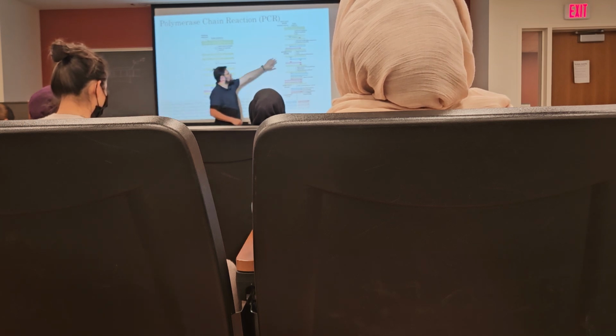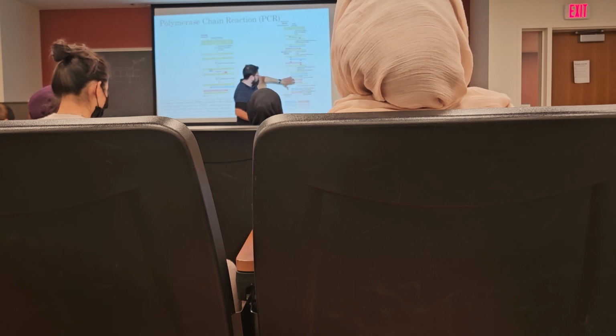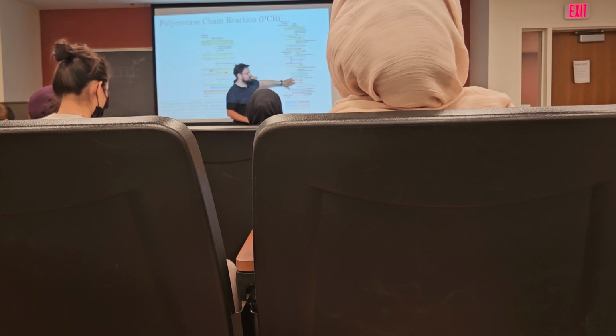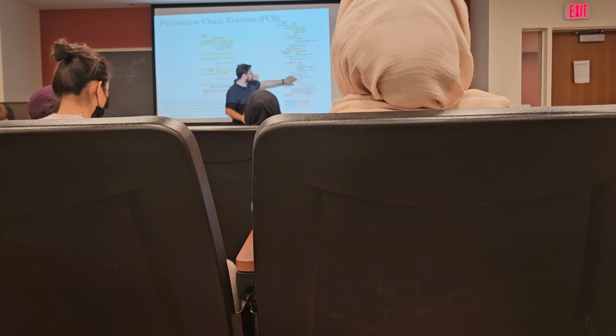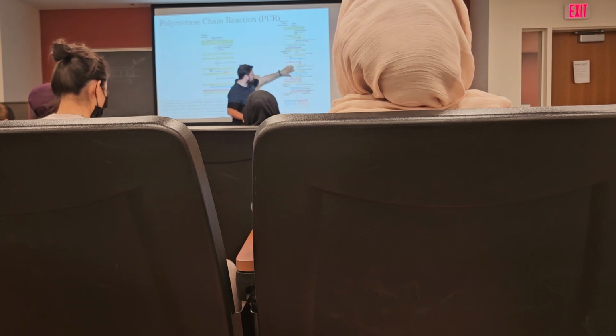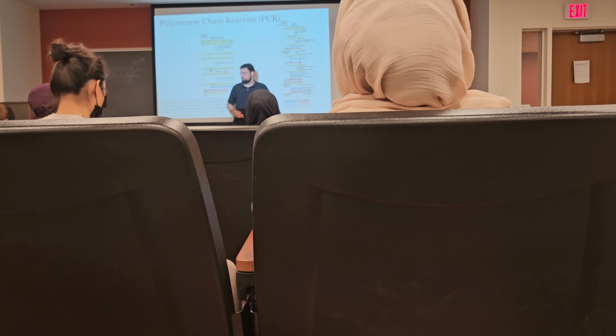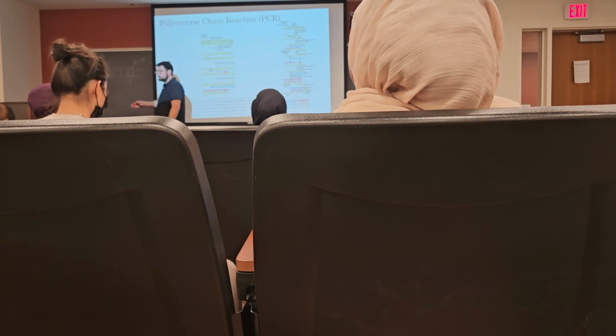Here we have, again, those 2 double strands, and we end with 1, 2, 3, 4 double strands. And here, each of these strands, once we denature them, is going to serve as a template. So we'll have 8 double strands, that consists of 16 single strands. So once we denature those, then we'll have 16 double strands, and so on and so on.